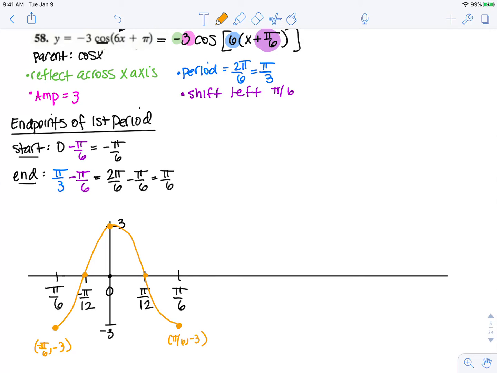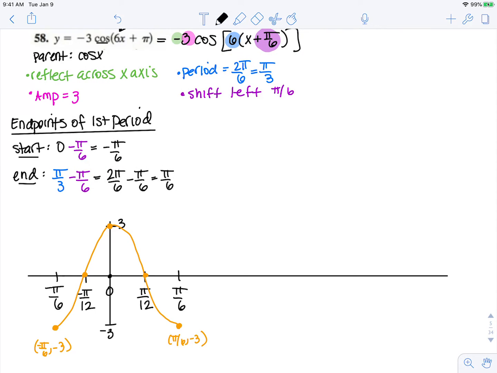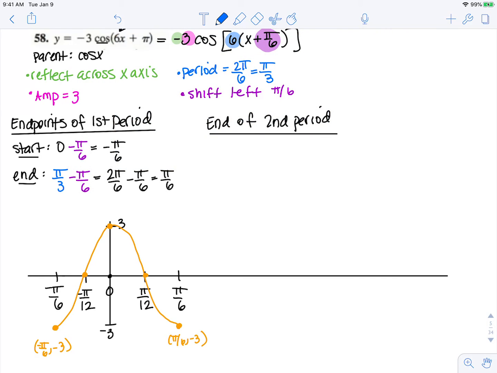Beautiful. Now I need to get my second period. So for the end of my second period, I'm going to start with where I just ended, which is pi over 6, and I'm going to add my period, pi over 3.